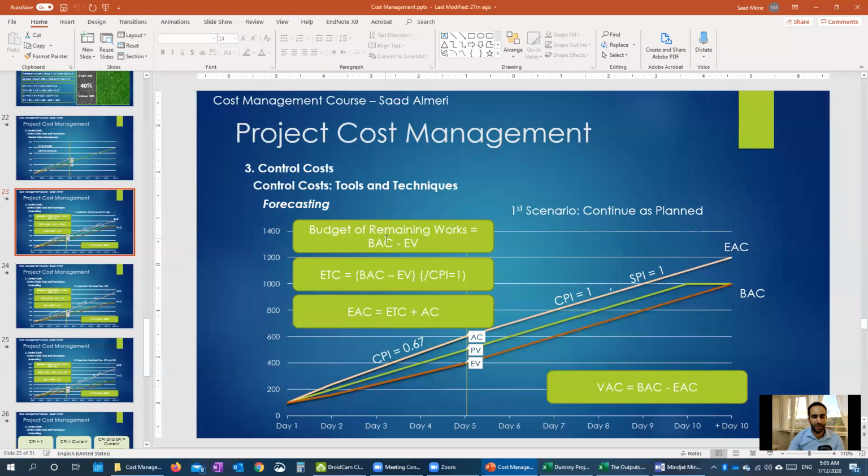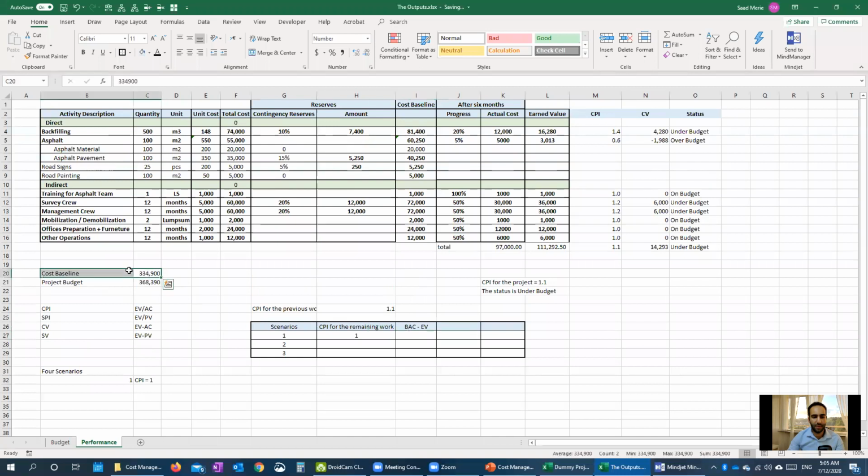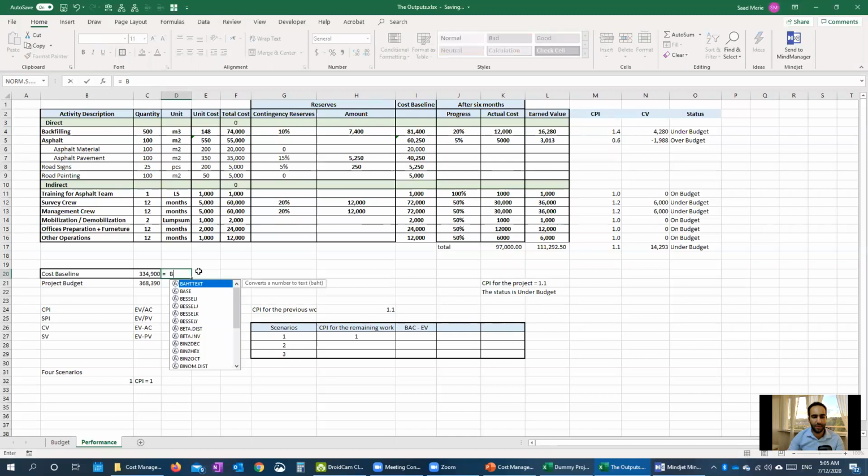In scenario 1, we have the budget of the remaining work, and we will calculate ETC, which equals the budget of the remaining work. The budget of the remaining work is BAC minus EV. The budget at complete is the total amount of the cost baseline, so the cost baseline equals BAC.